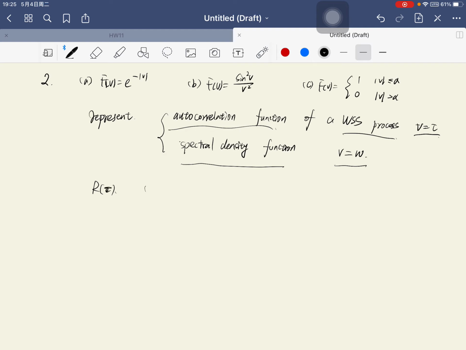It is a real WSS stochastic process X(t), and R(tau) is even, and R(tau) is smaller than or equal to R(0). Its Fourier transform S_X is non-negative.